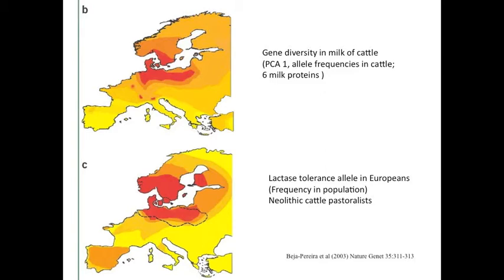This corresponds rather nicely with the occurrence of a high frequency of the ability to digest milk as adults. Lactase tolerance is what it's called. The dotted line is the Neolithic cattle pastoral race. So in the Neolithic, people started to use cattle, and this is where they lived, and it's quite amazing to see this is still a hotspot of ability to digest milk.